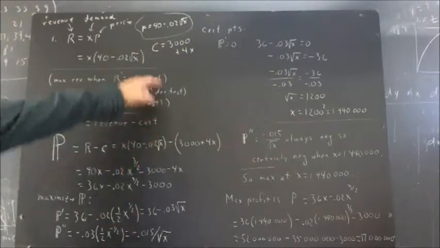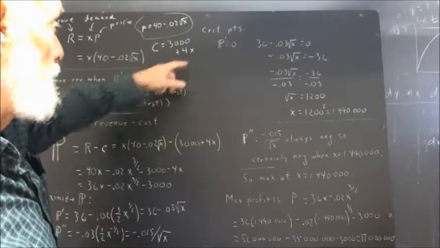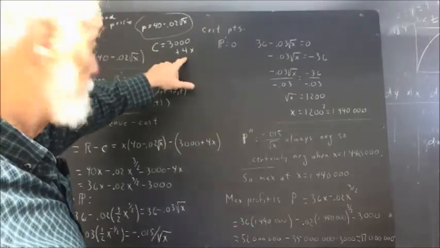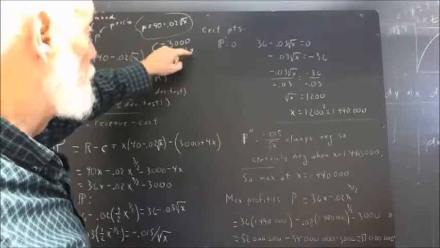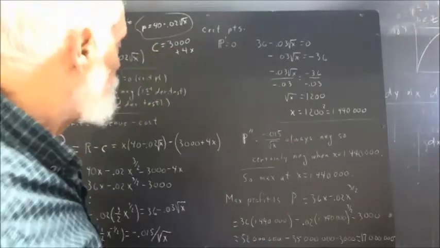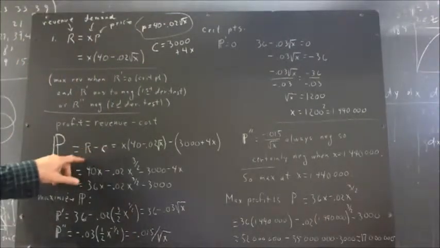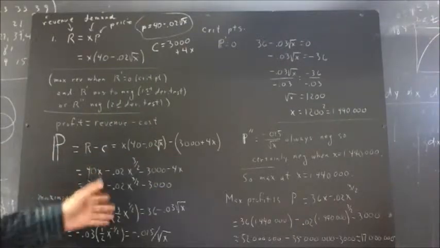That means it costs us, say, $3,000 to set up our machinery, and then every item that we produce costs $4, so the total cost is the $3,000 to get set up, plus 4 times the number we expect to sell. Okay, so our profit function is this minus this, and we simplify that.